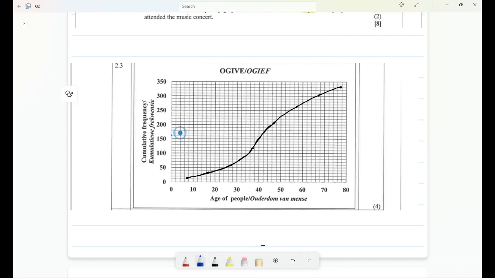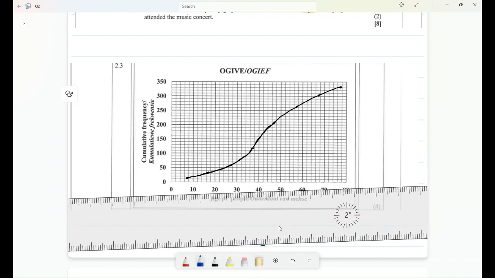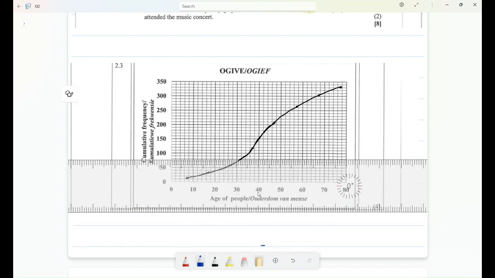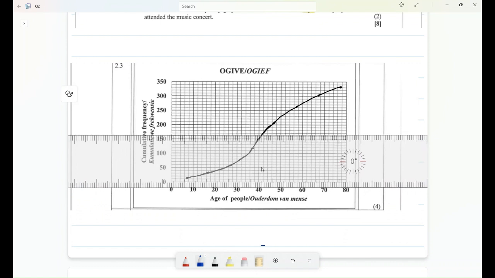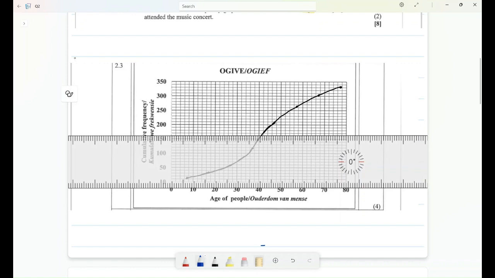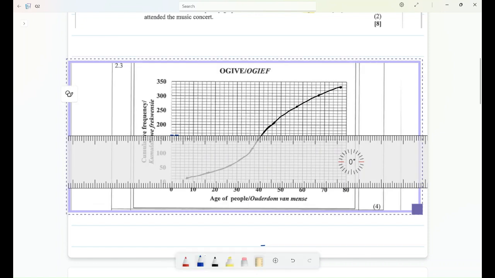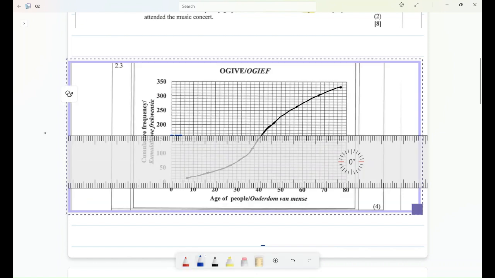Okay, let me try to get back my line. Okay, so if this is 150, 160, 160.5 will be a little bit here. Okay, do not try to be precise here. There is a scale. Okay, do not worry a lot about your scale here, about the answer, I mean.